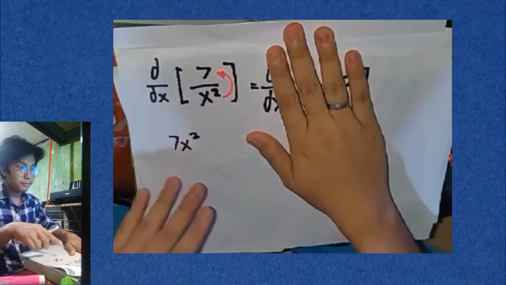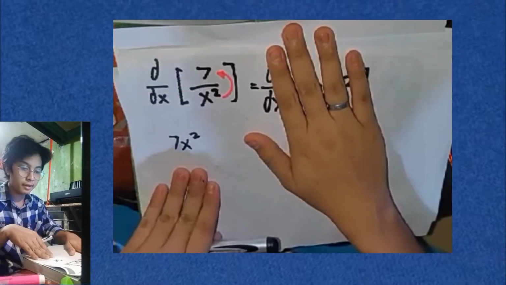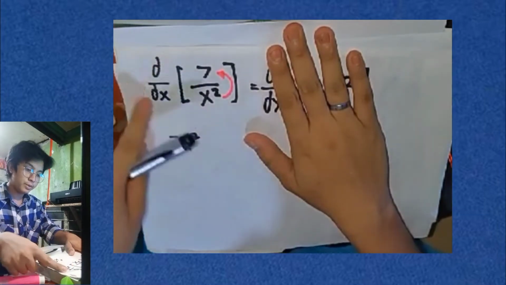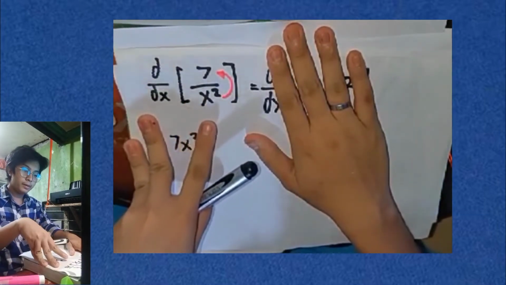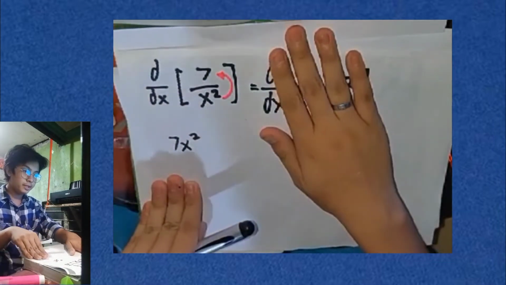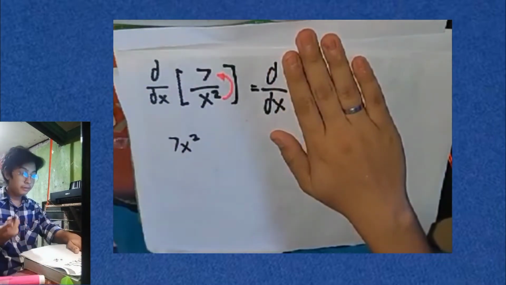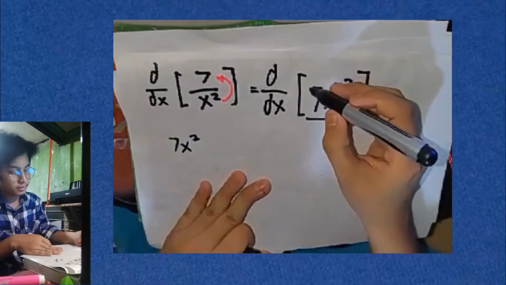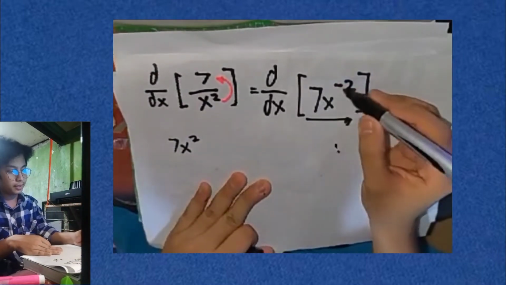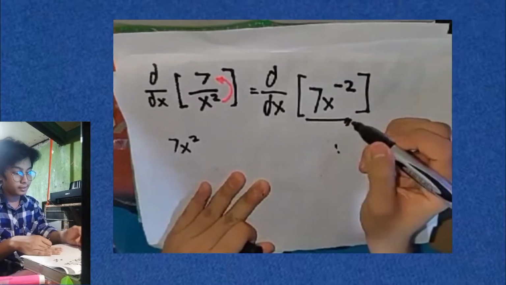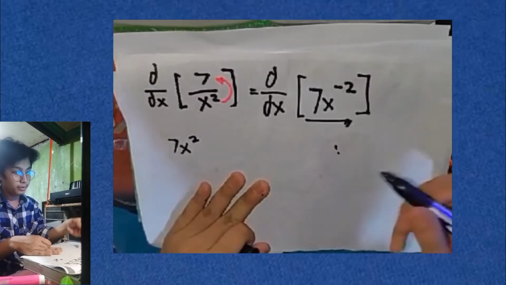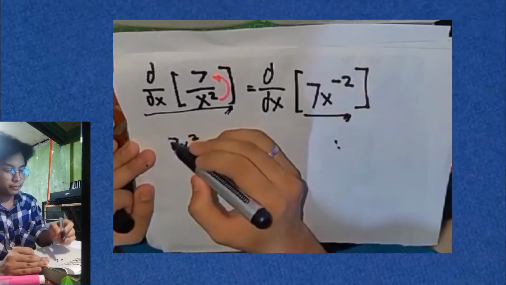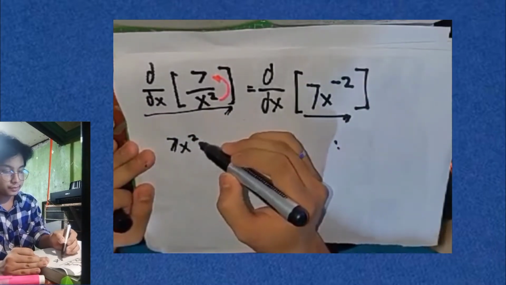So our next example is finding the derivative of a function with a fraction. So the given is d over dx of 7 over x squared. So first thing to do is to convert it. After converting, we must get the answer of 7x to the negative 2. This is not the final answer, but our converted example. If you get 7x squared, this is wrong.